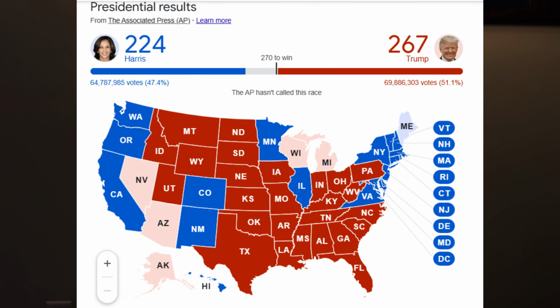Polls are closing in the subsequent time zones in the US, and the counting has started or is already midway through, and it already looks like they're swinging in favor of Mr. Donald Trump. Ultimately, whoever wins this election, we hope that they do what's best for the United States and its citizens.